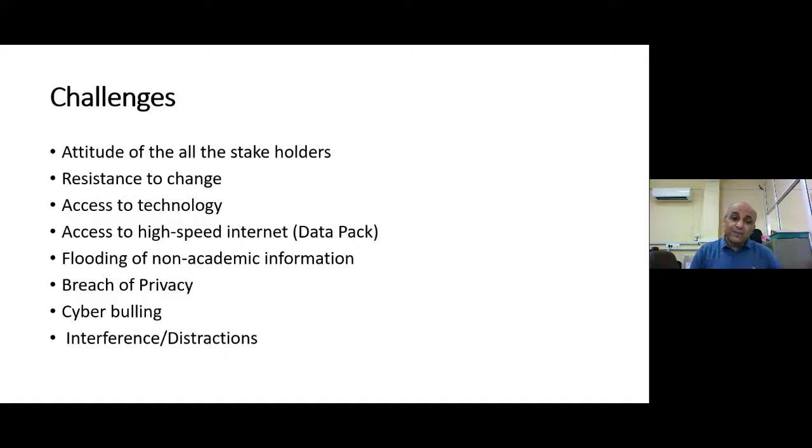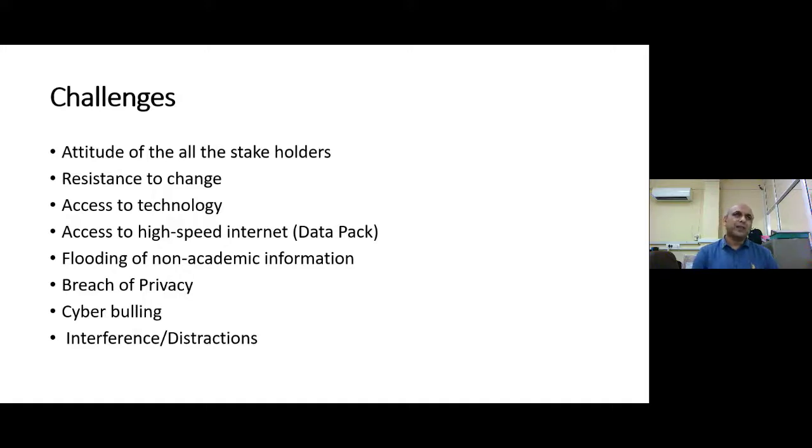You will have to show them how constructive these activities are, and you'll have to convince them to a judicious use. Only then, I think, this becomes a very constructive integration. Otherwise, it can become a very destructive integration.